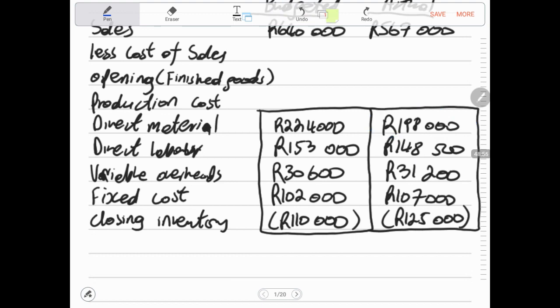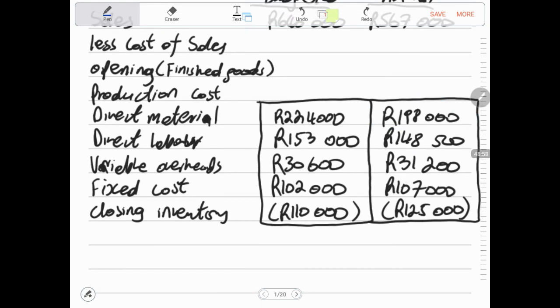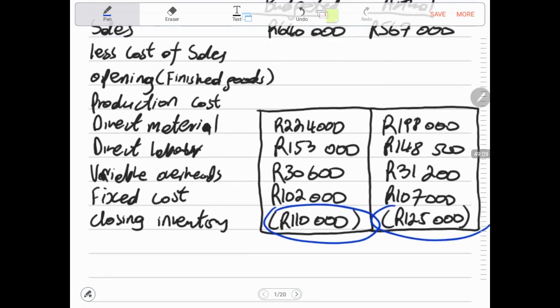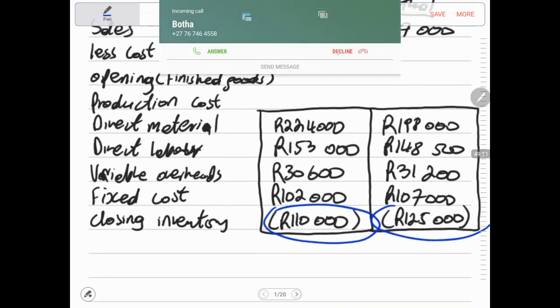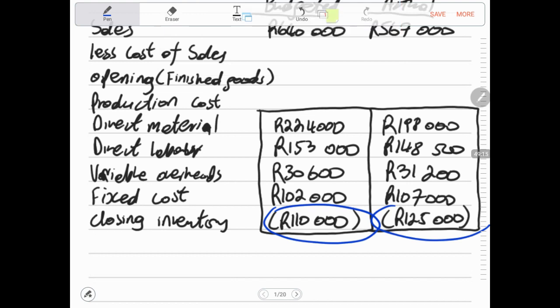Why was I calculating material, then stopping and calculating the value of the closing inventory? I was dealing with the finished inventory, not with the inventory that was left in terms of raw material. Therefore, we proceed, calculating now the production cost.